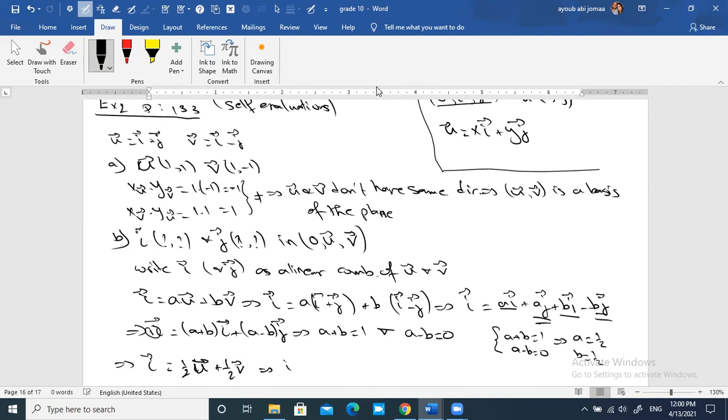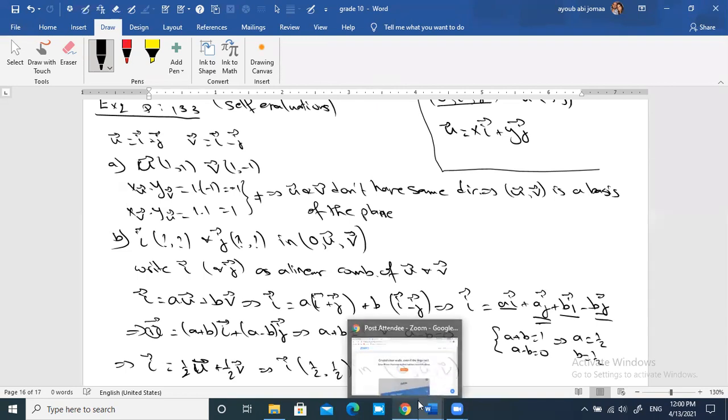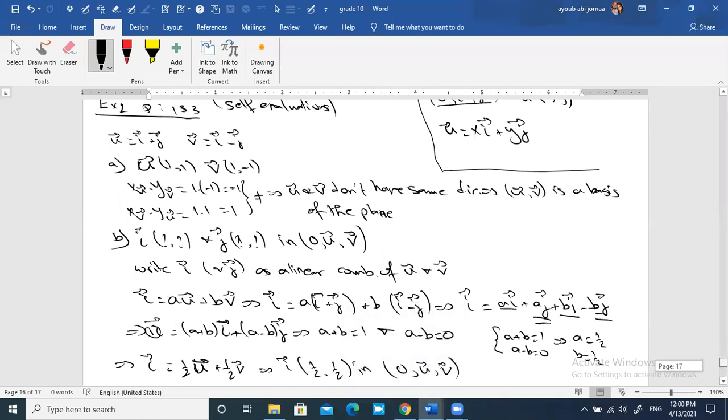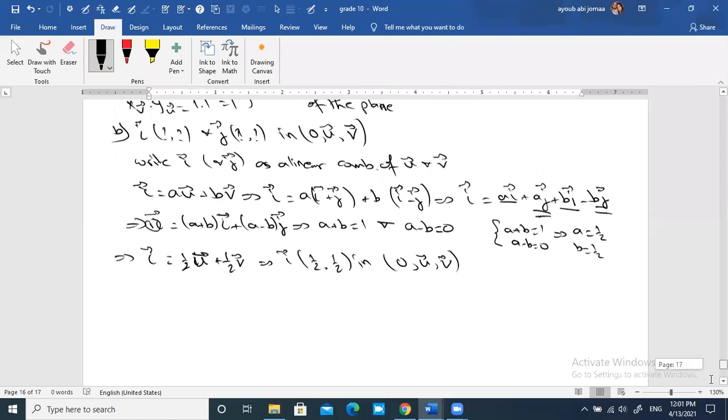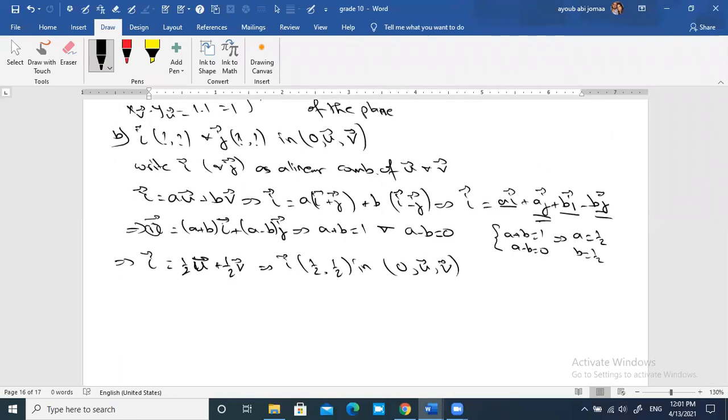It means that vector i has the coordinates (1/2, 1/2) in the system (O, u, v). Is that clear? The idea, is it clear? Yes, Ustaz.